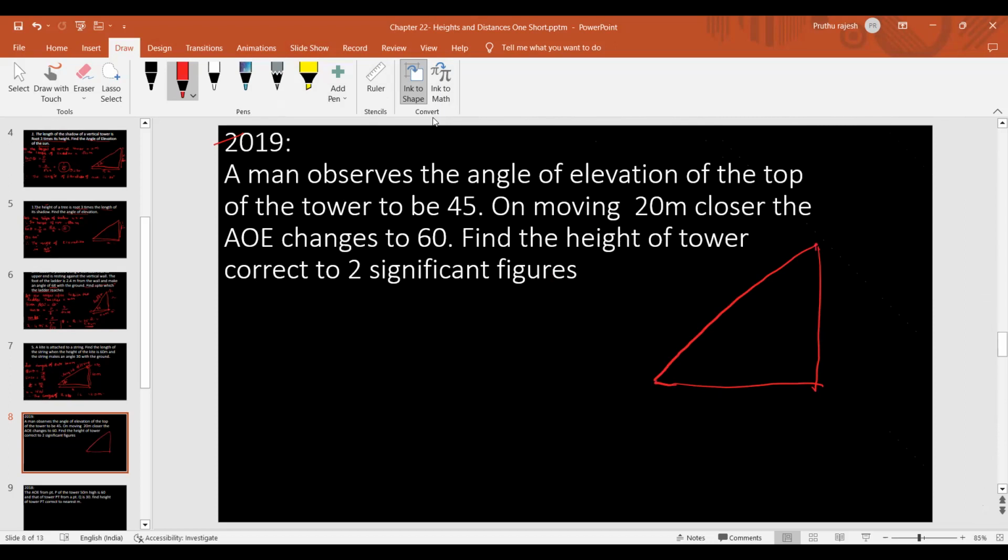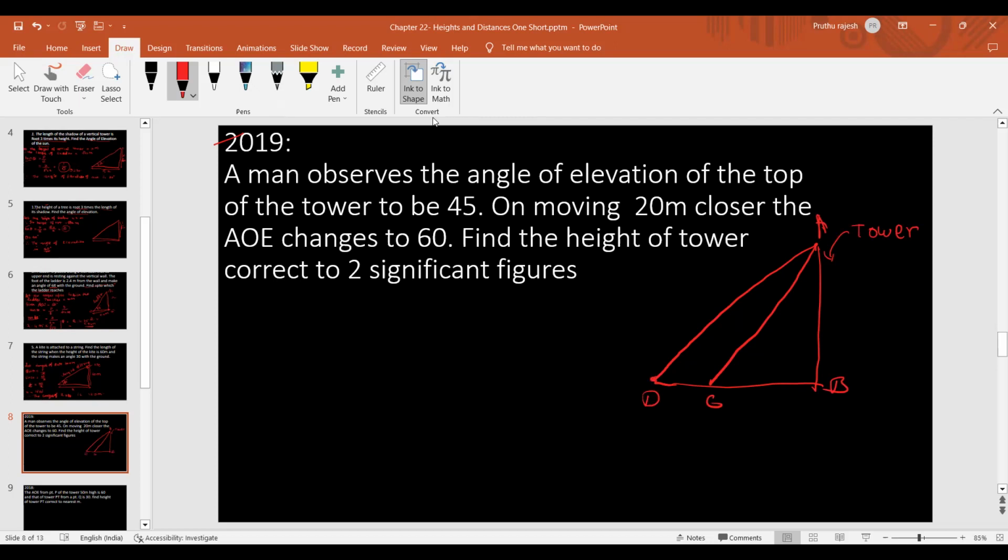So there is one tower here, and the question says a man observes the angle of elevation from the top of the tower to be 45 degrees. This is the tower here. Let us name this tower A, B, C, and D. The initial point of the man is here.